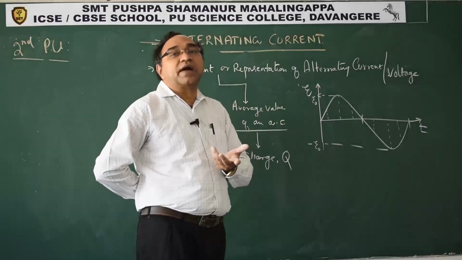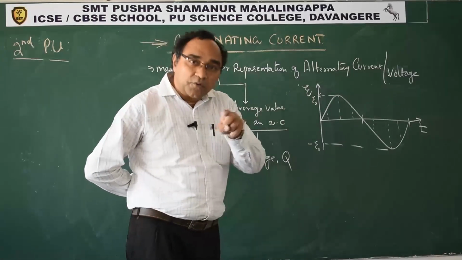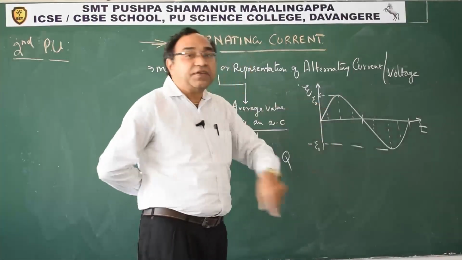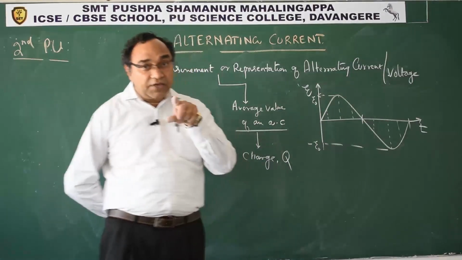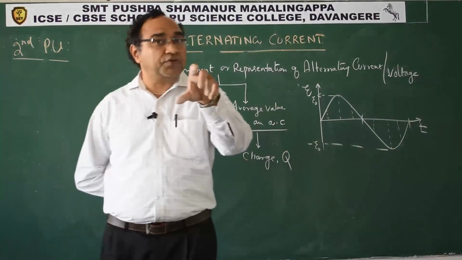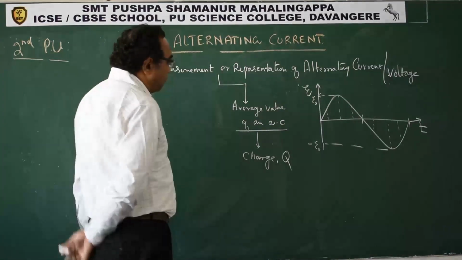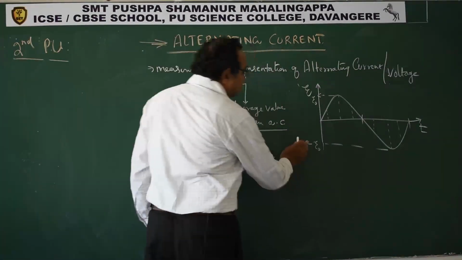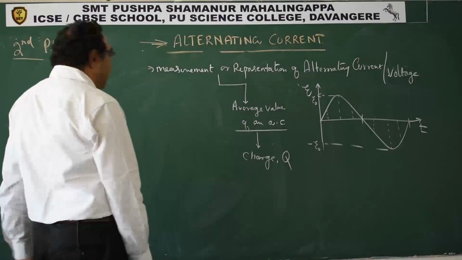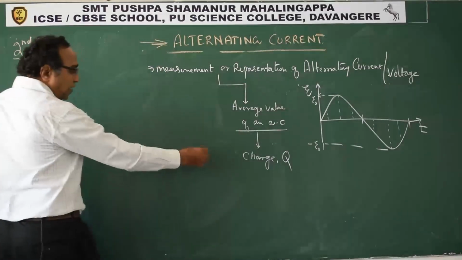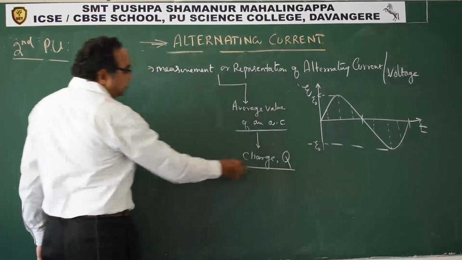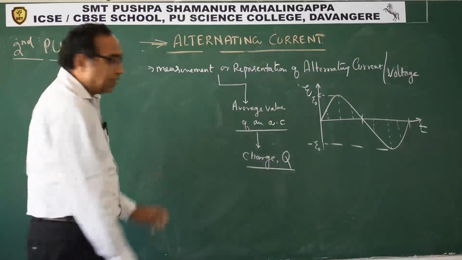No electroplating will happen. That is why in electroplating also we use DC, not AC. So these are the conceptual questions which will be there in reasoning questions. So be careful.